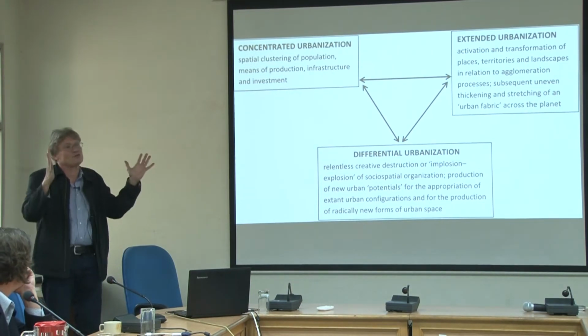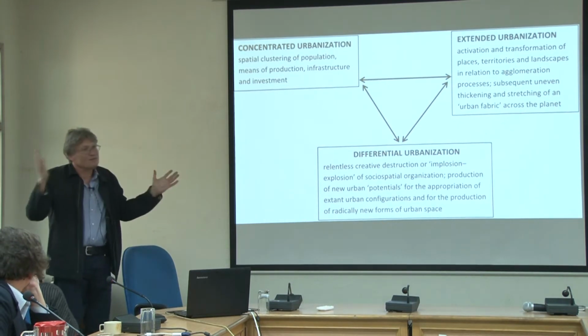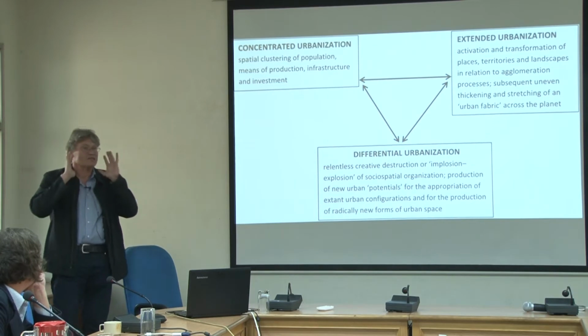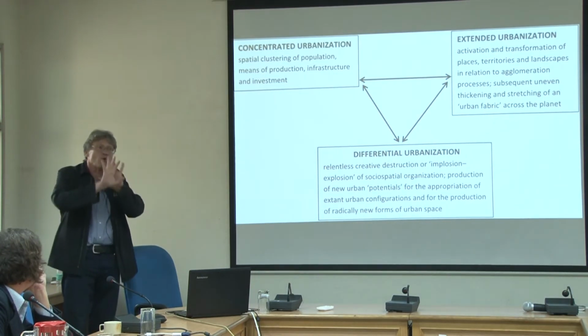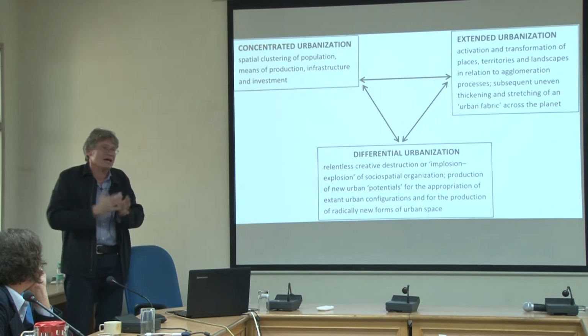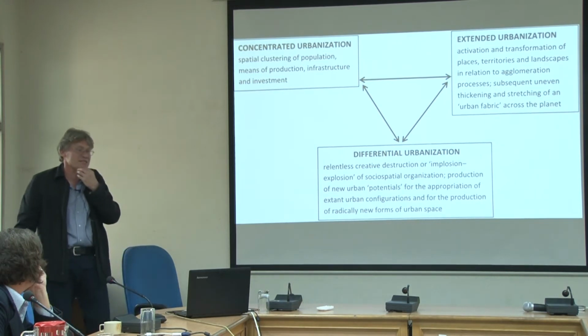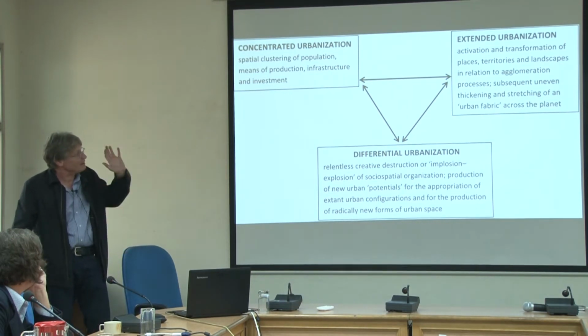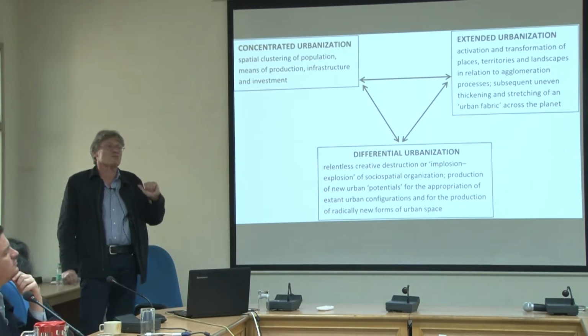And today, of course, migration is not just a point-to-point movement. We have all sorts of circular migrations and very complicated patterns of migration that we call movements. These are just movements in space, and these movements are linking social spaces but also material spaces in various ways. And that is what we mean by extended urbanization. And then there is differential urbanization.